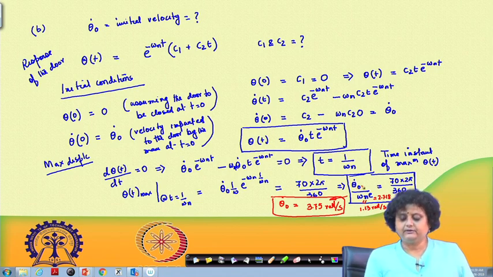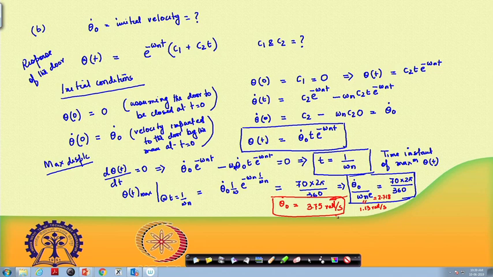Therefore, theta dot can be evaluated as 3.75 radian per second. So, the velocity that the man should impact the door is 3.75 radian per second to open the door at least by 70 degree. Okay.